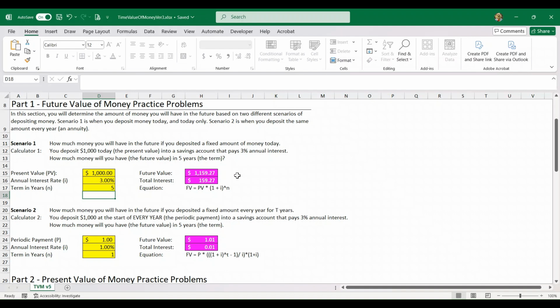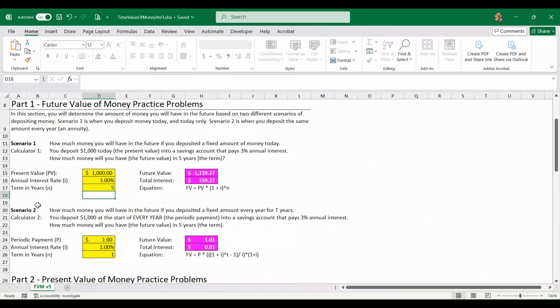Now for the beginning of year 2, we're going to earn interest not on $1,000, but on $1,030. So we earn interest on our interest. That's called compounding. And that's why we end up at $159, not $150. So that's the simplest of all future value of money practice problems.